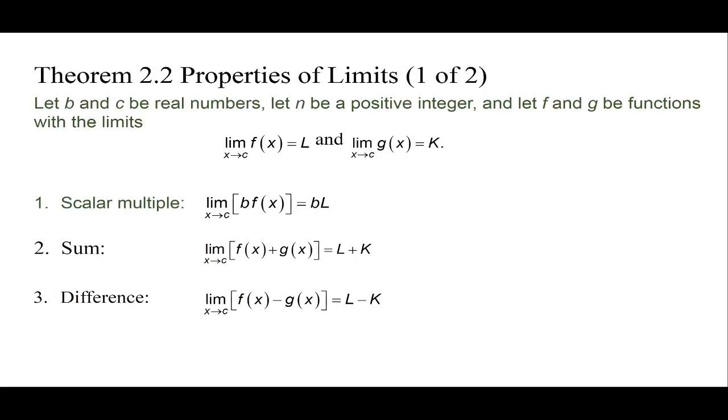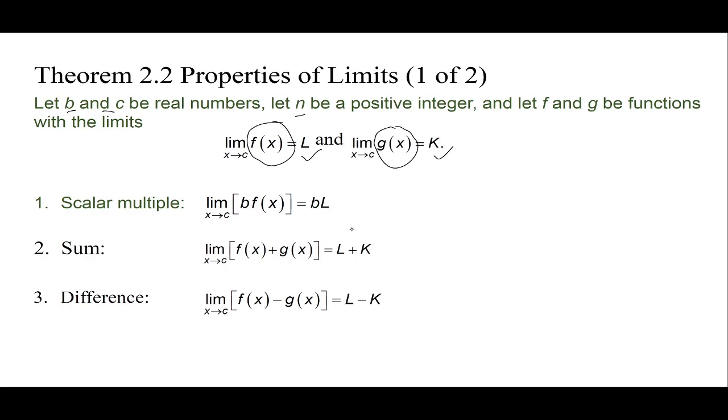Okay? More properties. Let's assume that there are two functions, f of x and g of x, and L and K are their respective limits when x approaches c. These are the given facts. Also b and c are some real numbers, n is a positive integer. Then these are the properties we can always apply.